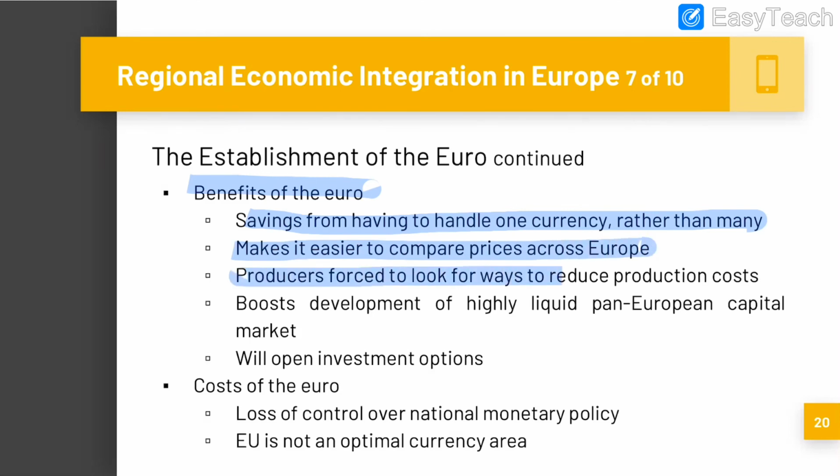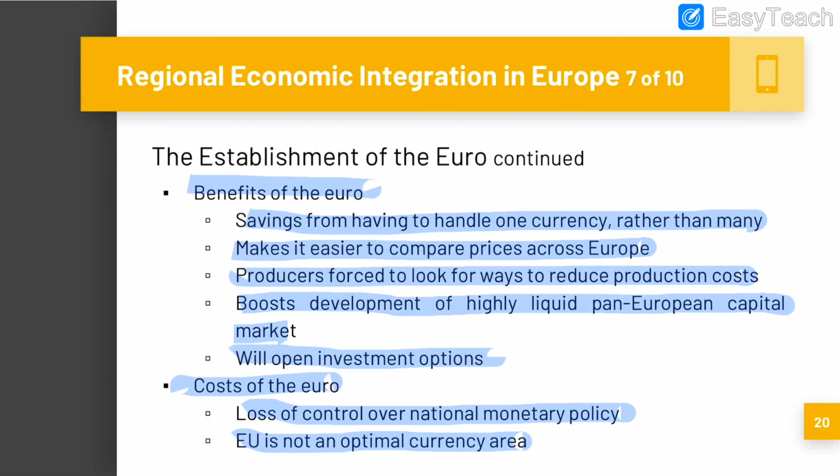Producers are forced to look for ways to reduce production costs, it boosts development of a highly liquid pan-European capital market, and will open investment options. Other benefits are more choice and stable prices for consumers and citizens, greater security and more opportunities for businesses and markets, improved economic stability and growth, a more integrated financial market, and a tangible sign of the European identity.